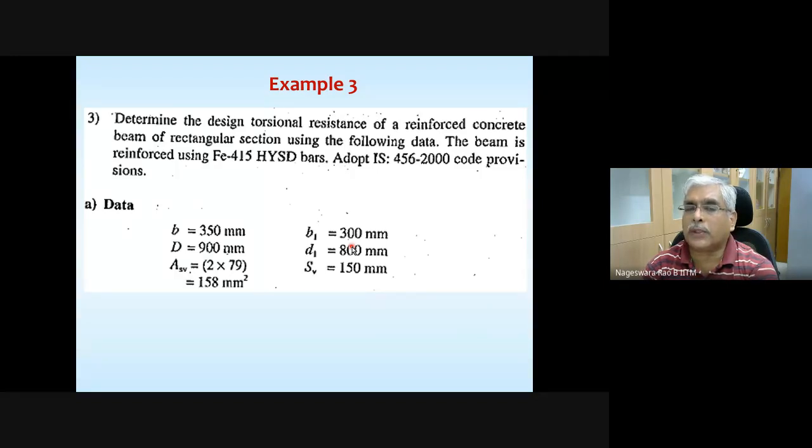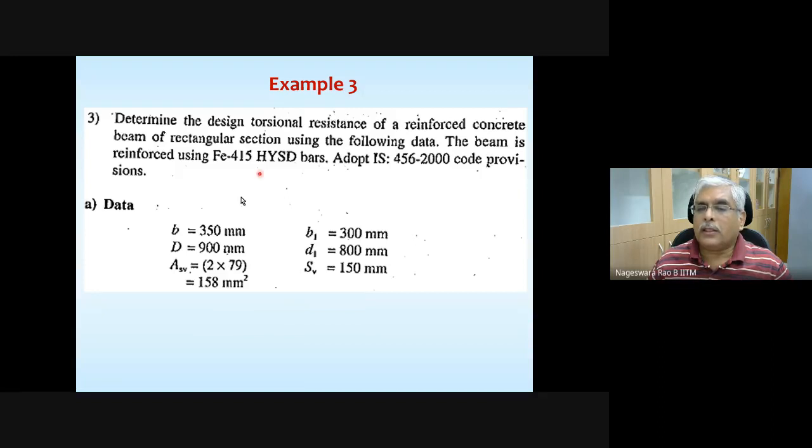The beam is reinforced with Fe 415 HYSD bars, and adopt IS 456 2000 code provisions. So this is the data that is given. The beam already exists. Whatever reinforcement is provided, what kind and how much, all that description is given to you. You need to estimate its torsional resistance.